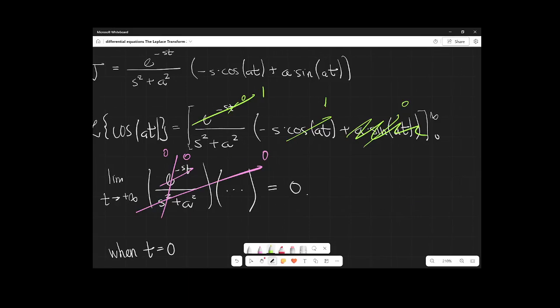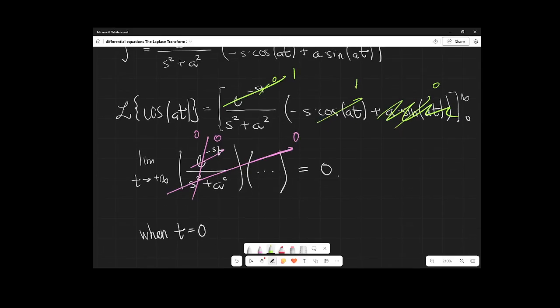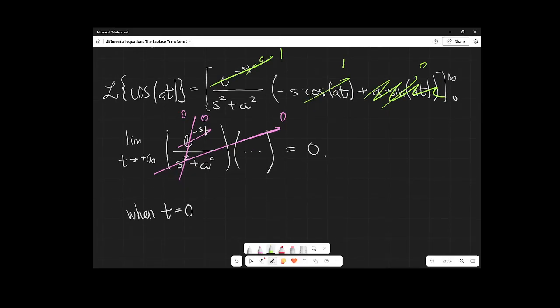So negative s divided by s squared plus a squared is what I'm getting here.